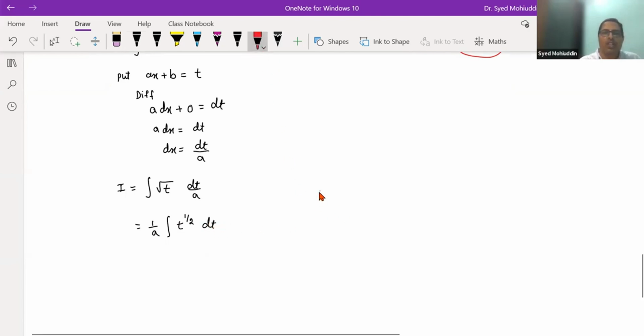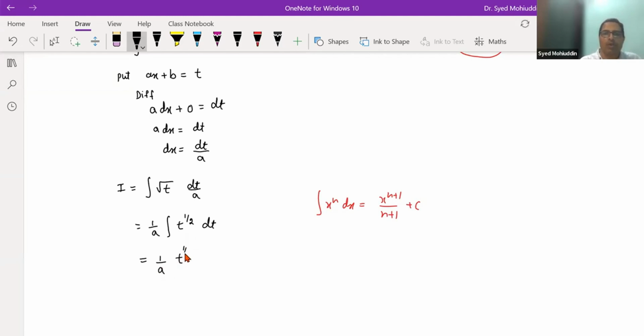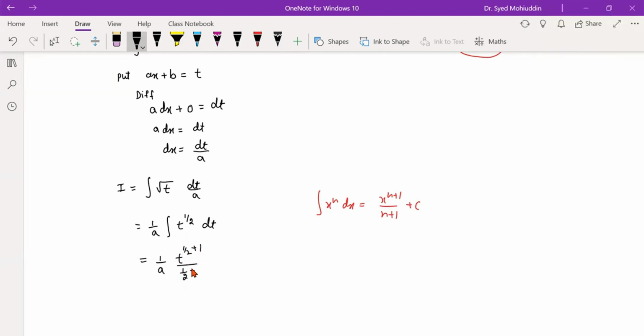Now we know this integral, it is the integral of x power n into dx. You know the formula, it is x power n plus 1 by n plus 1, plus the constant of integration c. Using that formula, you'll be getting 1 by a, t power n plus 1, which will be half plus 1, by half plus 1, plus the constant of integration c.